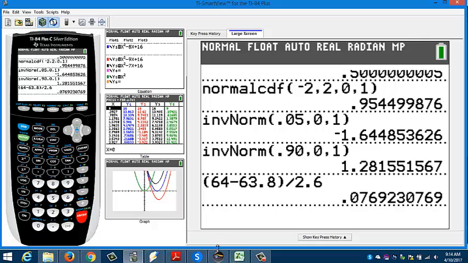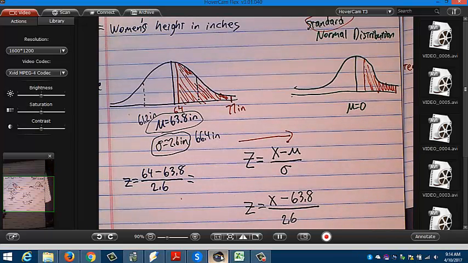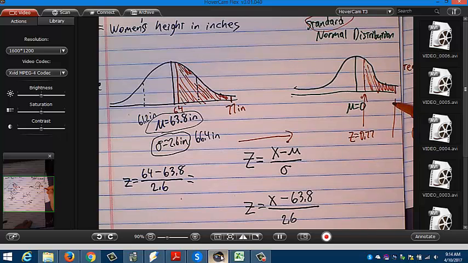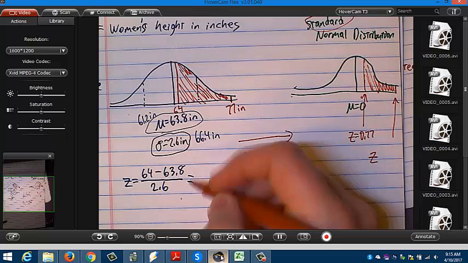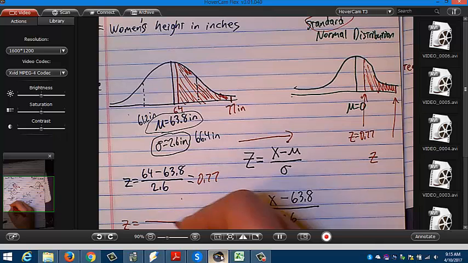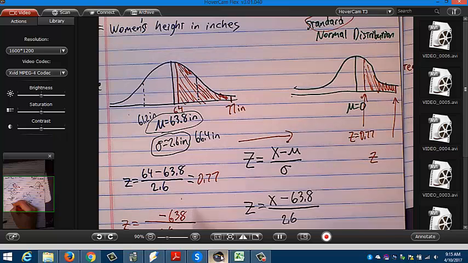So on the picture, guys, what we're doing here is finding one z-score, which would be 0.077. Can you guys find the other z-score? What am I going to type? The other one, I'll do z equals, the only thing I have to change is what? The only thing I have to change is that 64 should be what instead? I got 0.077. That's a better answer. So did I, right? I just didn't write it down right.